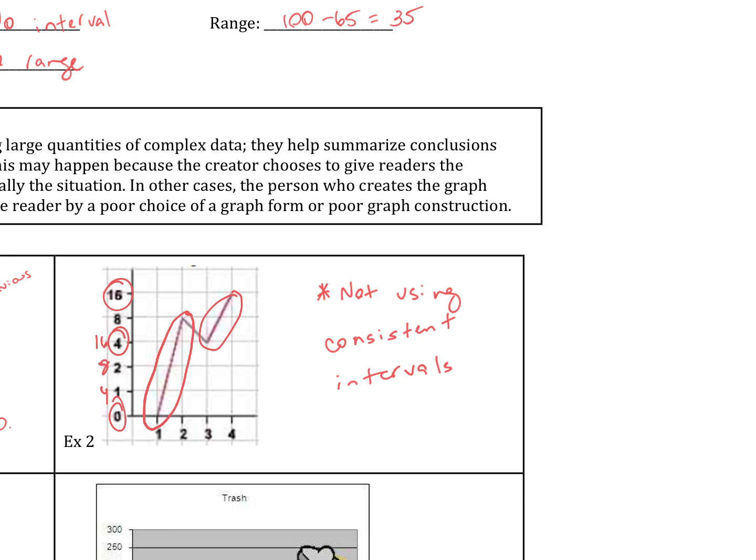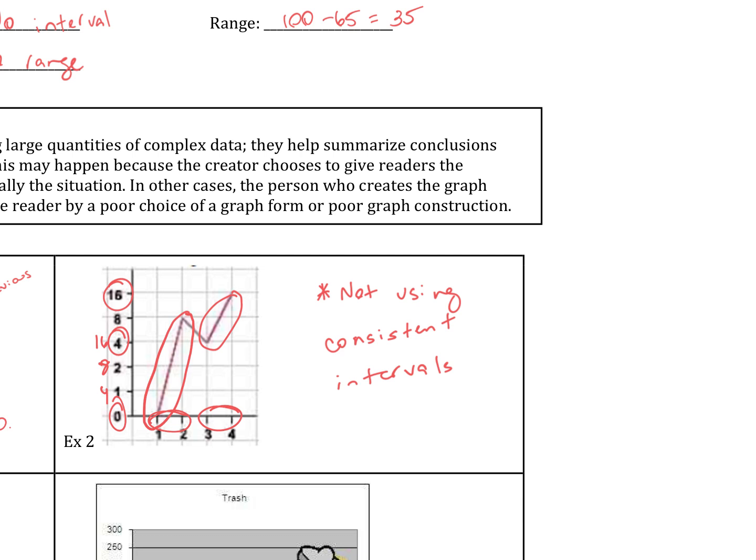If they went up by the same intervals, then we would see that that original 1 to 2 gap, this gap right here, would be less steep than the gap right here.